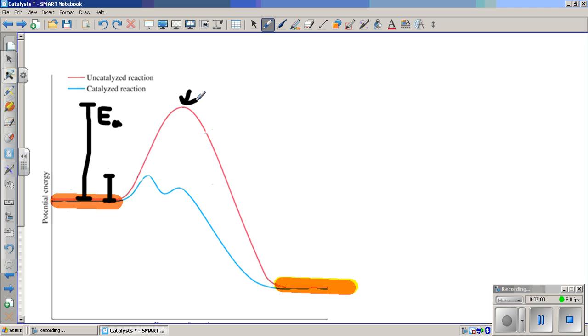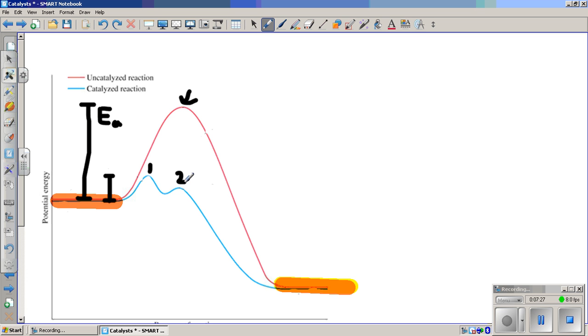Okay, that's that one step. But notice the second one, the catalyzed reaction, is two steps. So this hump right here represents step one, where that collision happens, and this one right here represents step two. So a two-step reaction actually has two humps on its reaction profile. If it was a three-step reaction, it would have three humps on its reaction profile.